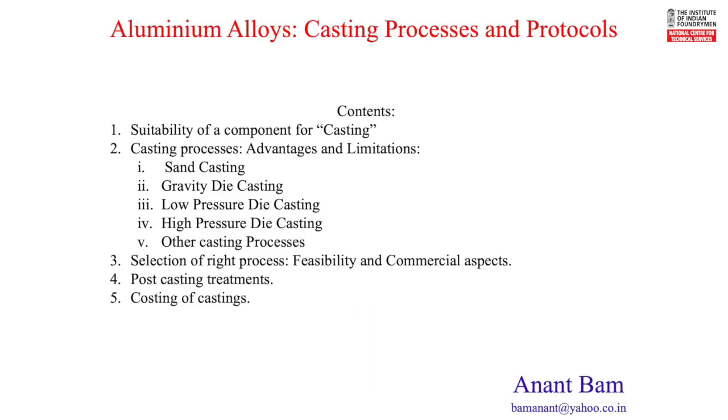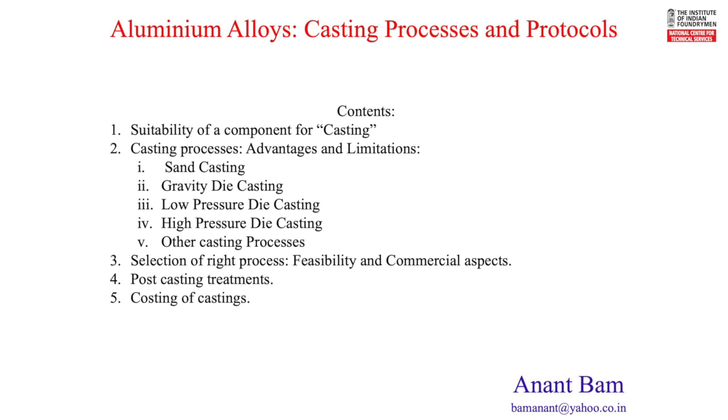Welcome all to this 7th webinar by NCTS IF. Today we will be discussing and comparing various casting processes used in aluminum foundries. A little bit about casting before we begin with the actual presentation of it. Let us understand first whether the component is suitable for casting or not. After going through that briefly, the castability part of it, then we will understand various casting processes.